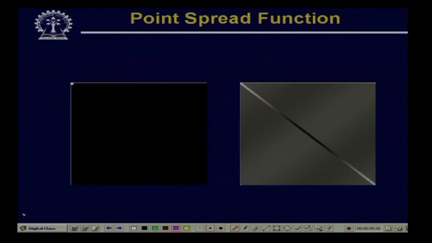Now, once I have this point spread function, then as before, I take the Fourier transform of this, and this Fourier transformation now gives me g(u,v), and because my input was an impulse, for this impulse f(u,v) is equal to a constant, something like a.